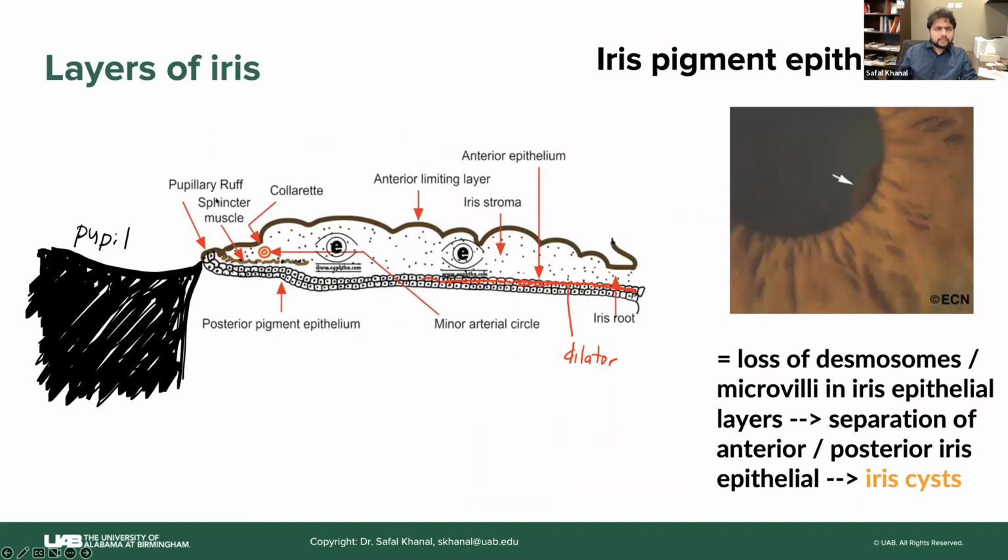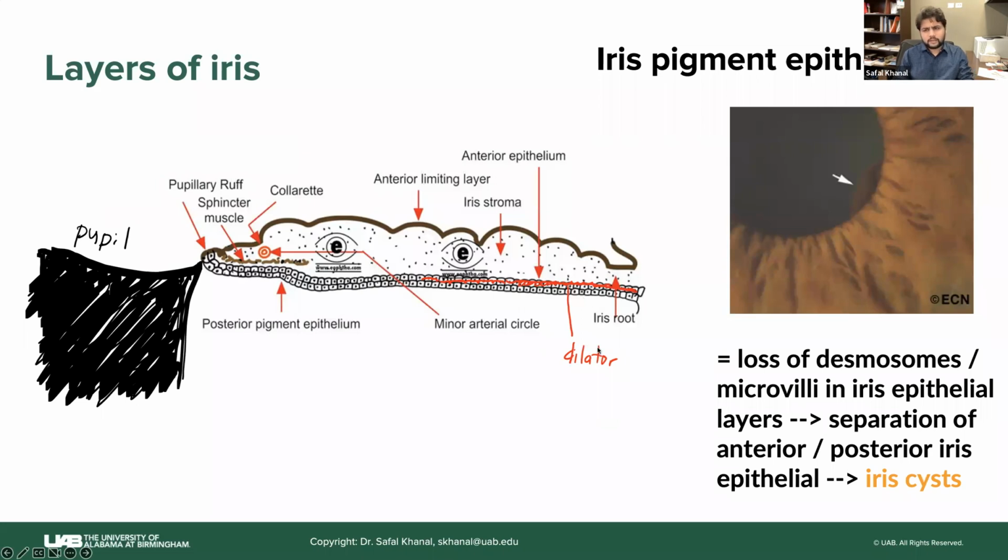Now, when you look at the cross section of the eye, here is your dilator muscle, just closer to the root than the sphincter muscle, which is closer to the margin. Your collaret, which separates the iris into pupillary and ciliary portions. And then your posterior pigment epithelium just underneath here.